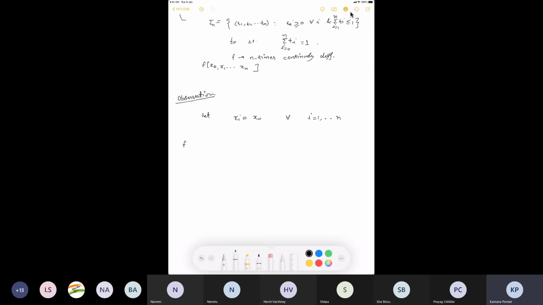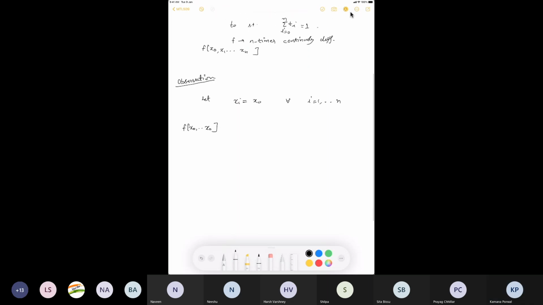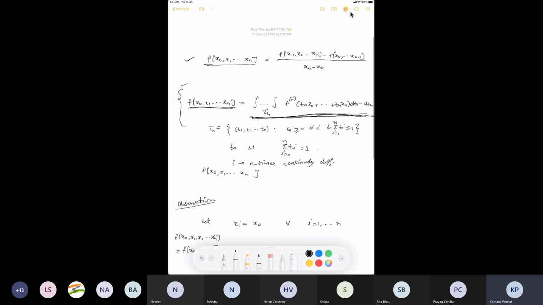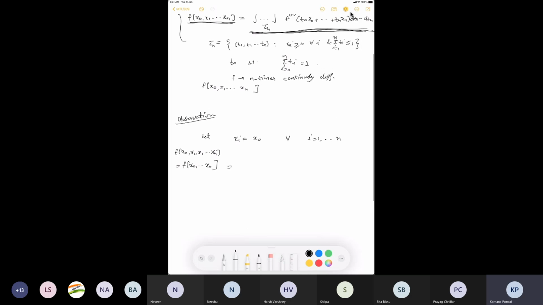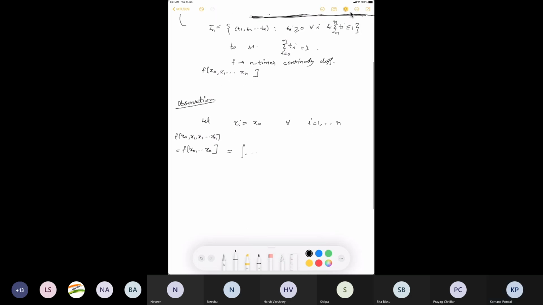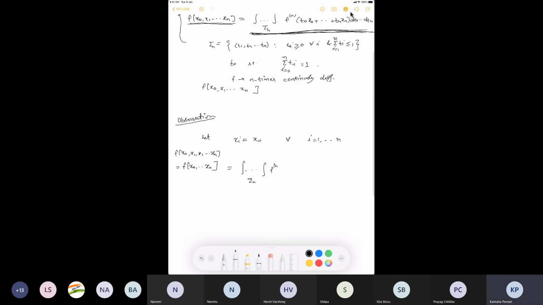In this case, what will happen to the divided difference? Here I have f of x naught, x1, x2 up to xn, which will equal this. If I use its definition through the Hermite-Genocchi formula, this is given by the integral over the region tau n of the nth derivative of f with the argument t naught x naught plus t1 x1 up to tn xn, dt1, dt2 up to dtn.